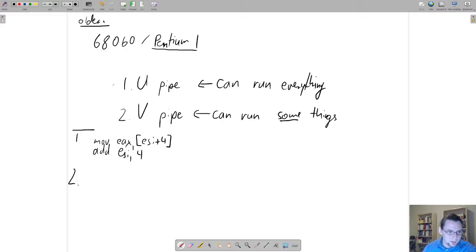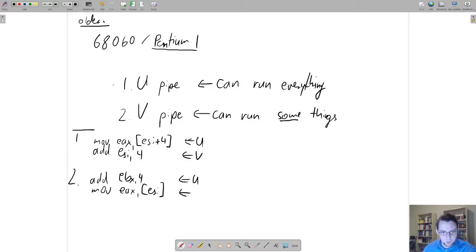The second example would be add EBX, 4 and move, say, EAX, ESI. So on the Pentium, in a pair, this goes into U, this goes into V. These are pairable, so this will actually work. And this sequence here is also pairable. This goes into U, this goes into V.